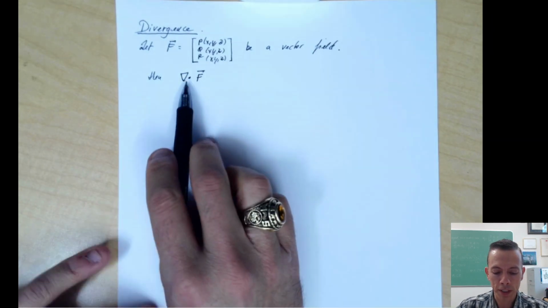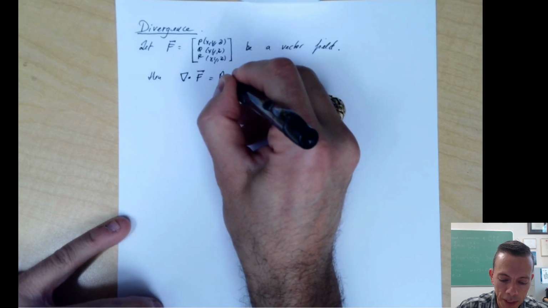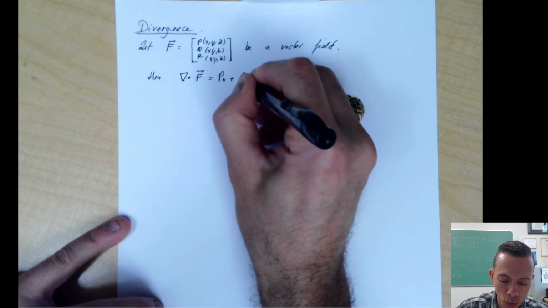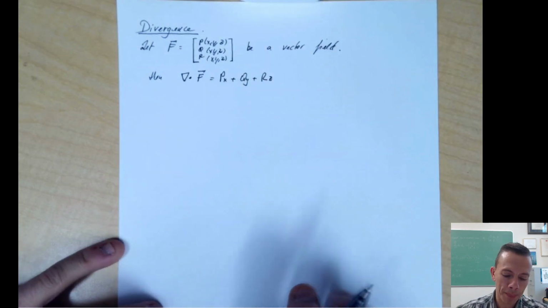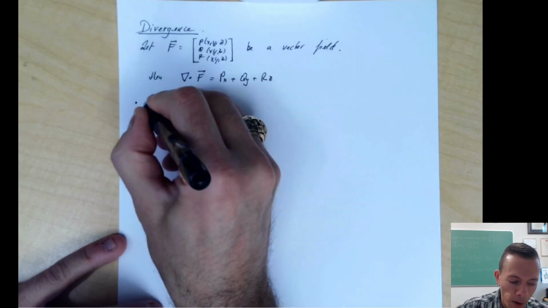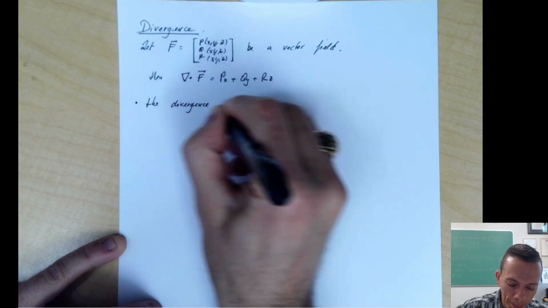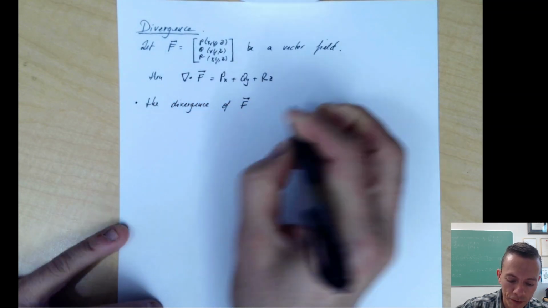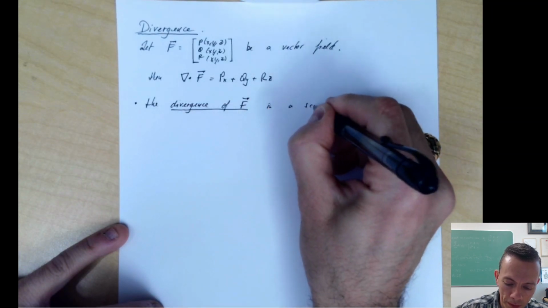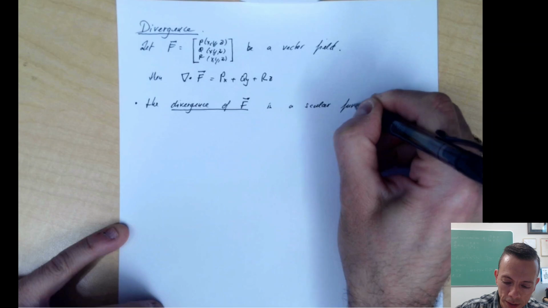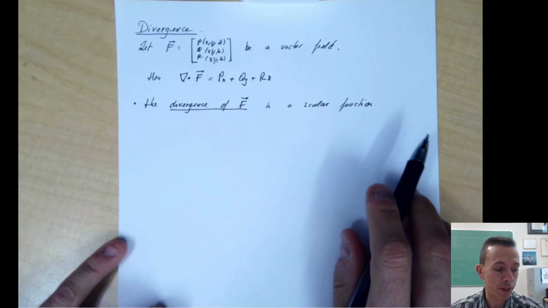So the divergence is the dot product, nabla dot F, which, as we defined previously, is Px plus Qy plus Rz. So this is called the divergence of F, and it's a scalar function. So that's the main difference with the curl, which was a vector field.